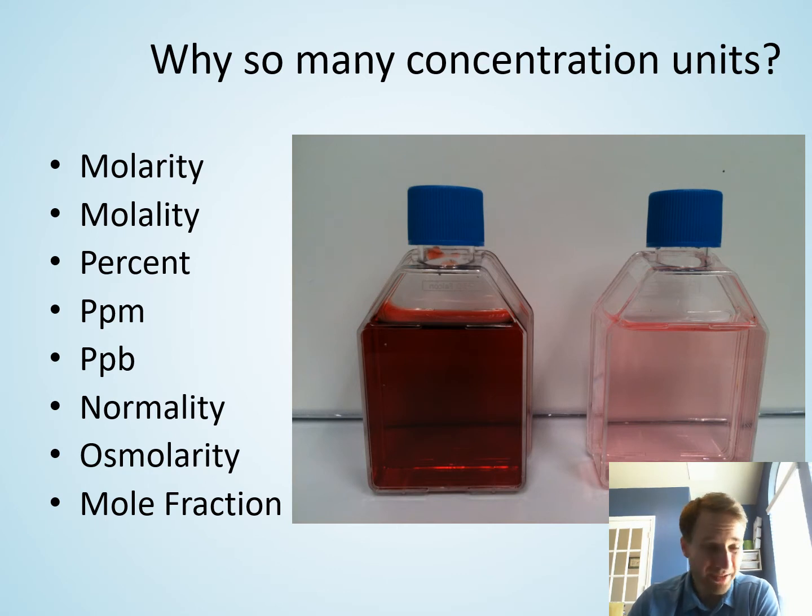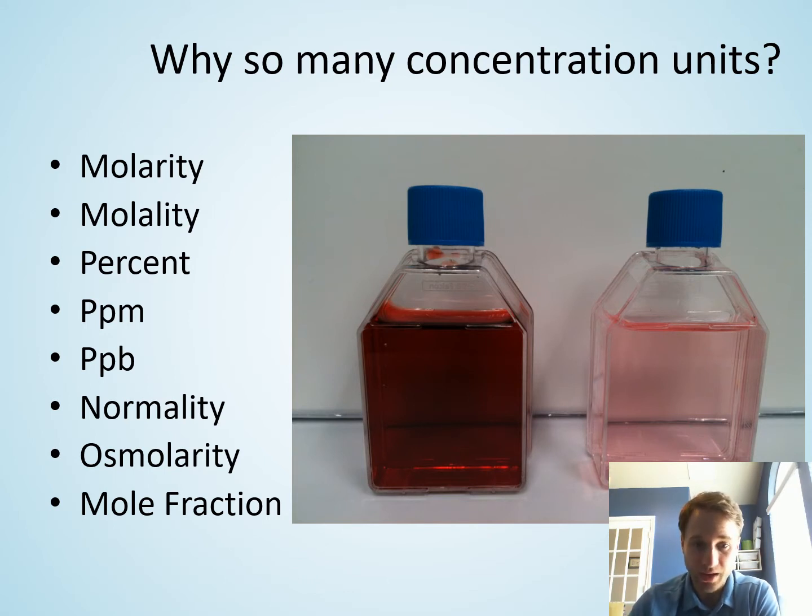And there's a reason why there are so many units used. Sometimes it deals with the convenience of what we can measure in lab. Whether we can measure volume or mass or something else can determine what we might use to describe a solution. Another reason might be the amount of things dissolved. Parts per million and parts per billion are concentration units to describe trace quantities of something in solution.